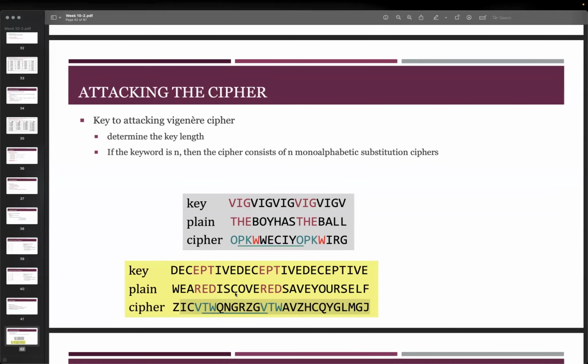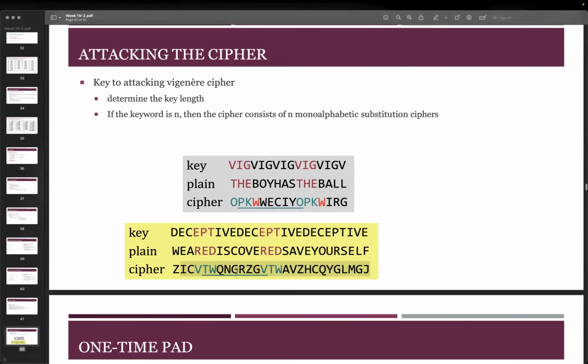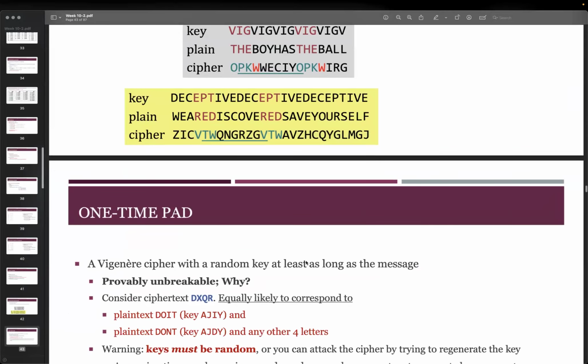Because we read it, it's converted, and then like save yourself, it's like this, the meaning. So we do have some meaning with the keyword, so right here, the key. And for the ciphertext, we have no meaning, but we try to look for some patterns or some keywords that are repeated. So it's one of the methods we can use.